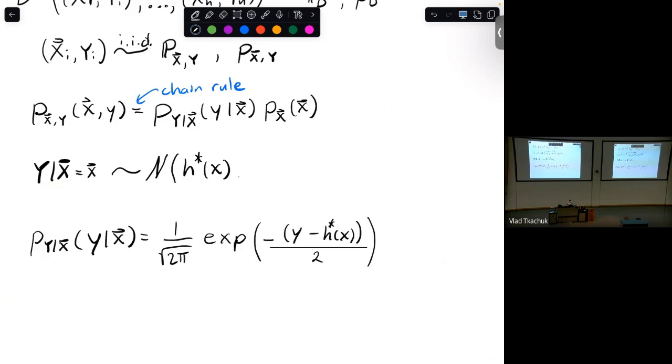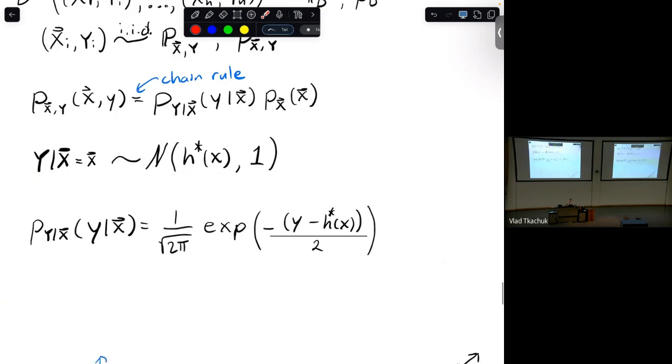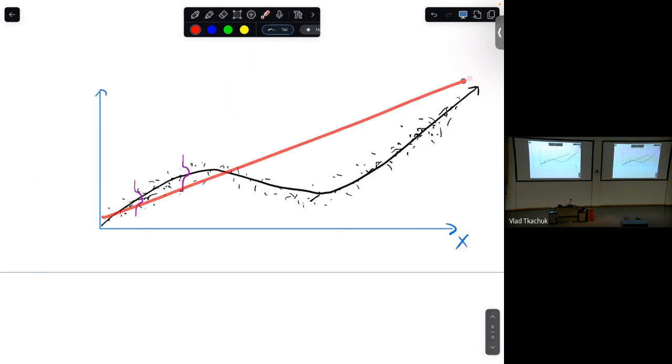And the variance is 1. Okay, so that's going to be the assumption we have, that this is the distribution of y for a particular x. It's normally distributed with some mean that depends on the value of x, which makes sense. If it was a linear trend, it would just mean that this mean value is that.